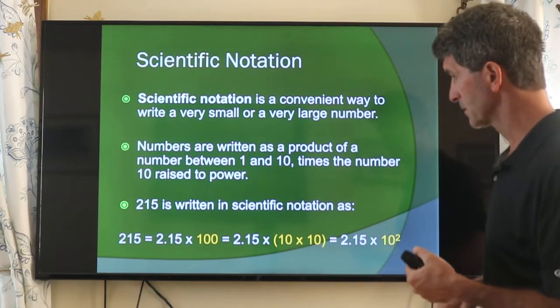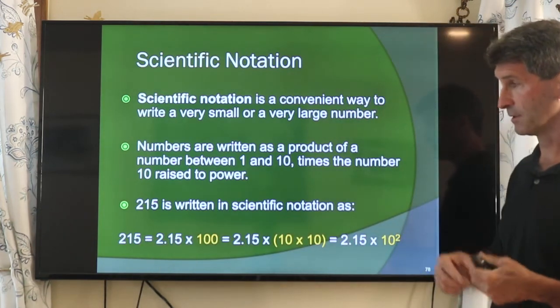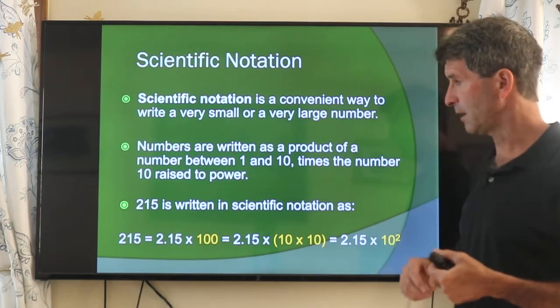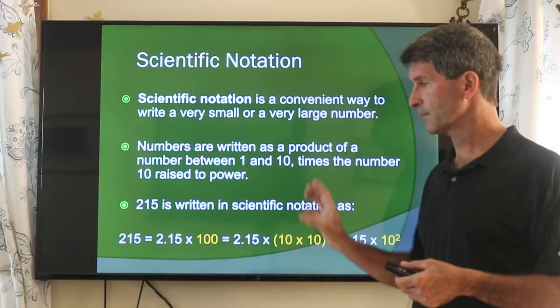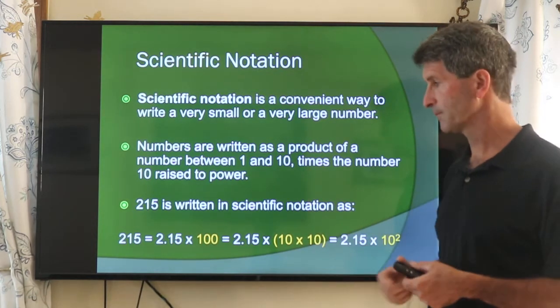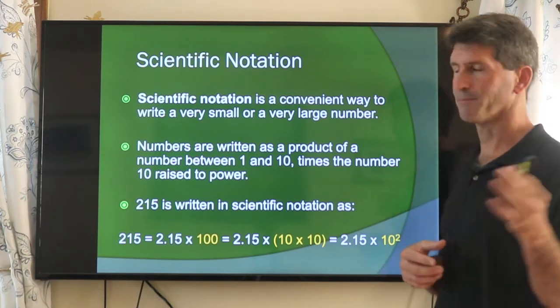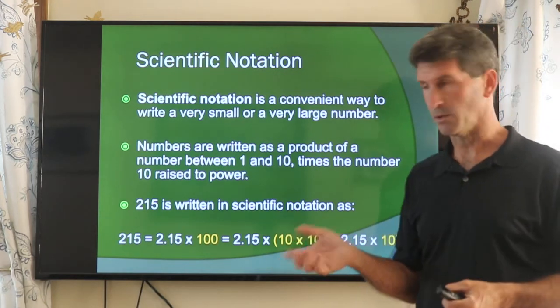efficiently. So for instance, 215, if I were to put that into scientific notation, assuming all 3 are significant, I would first of all get the front number, the first number, between 1 and less than 10.